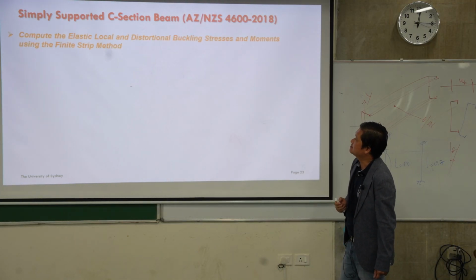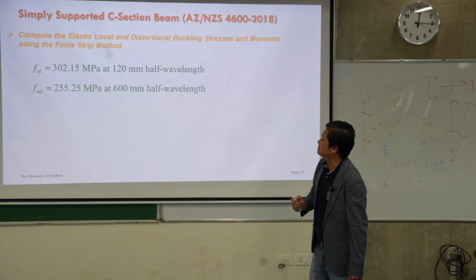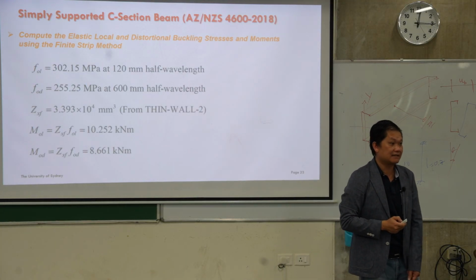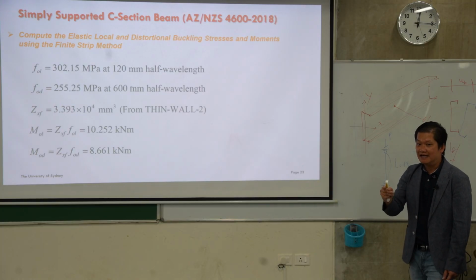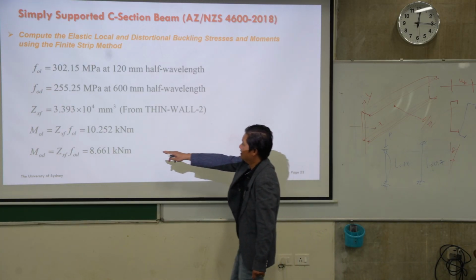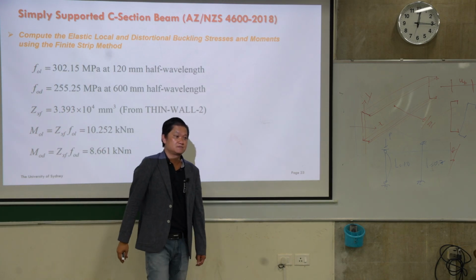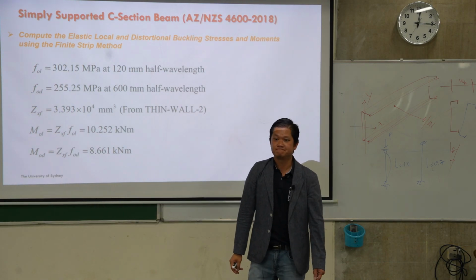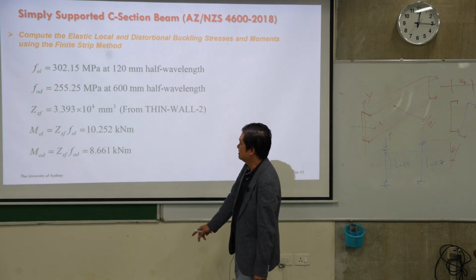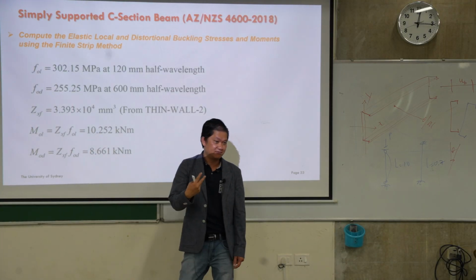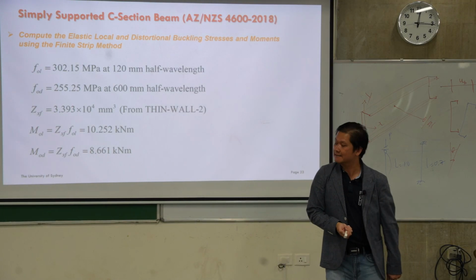Then we calculate the elastic buckling moment, the elastic local buckling MOL. Just take the stress times the section modulus. Then you get MOL, and this is MOD. Very, very easy, very simple.